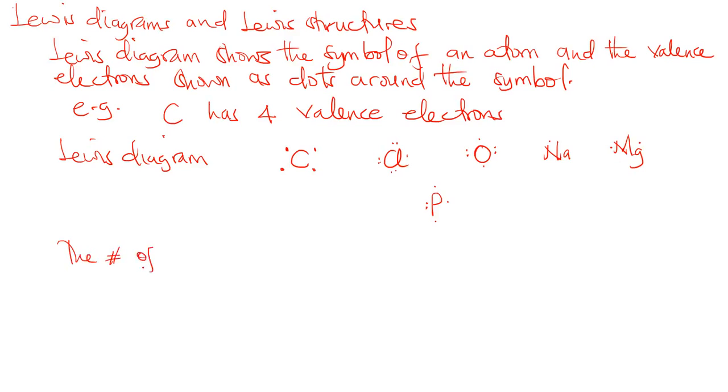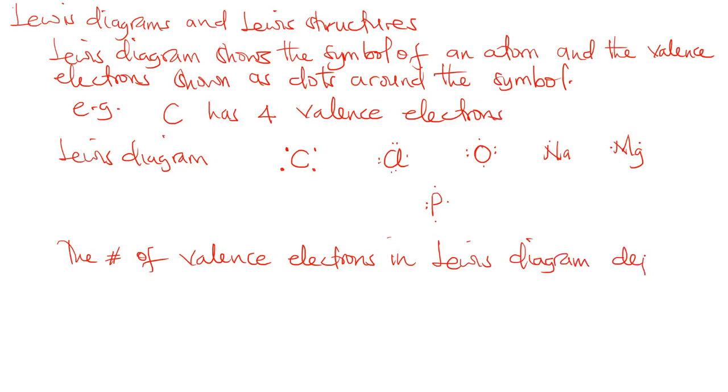So really, the number of valence electrons in a Lewis diagram depends on the group number, that is group 1A to 8A.